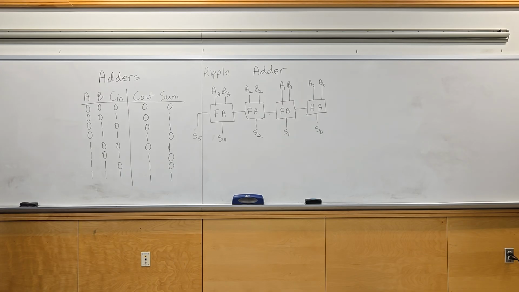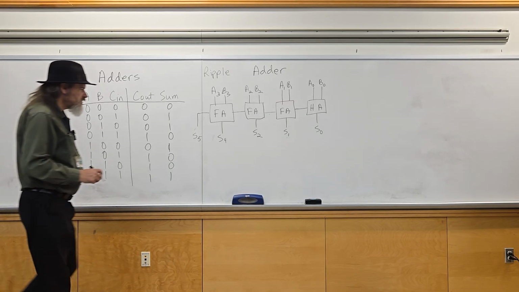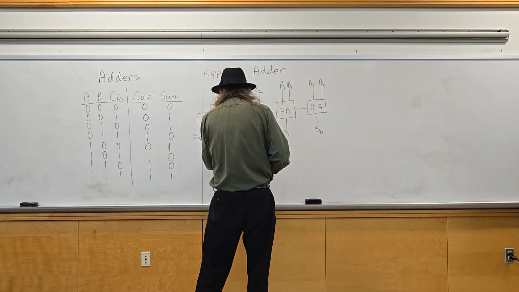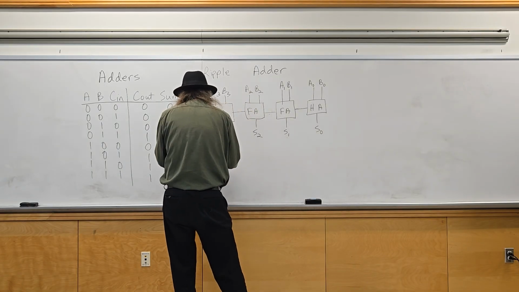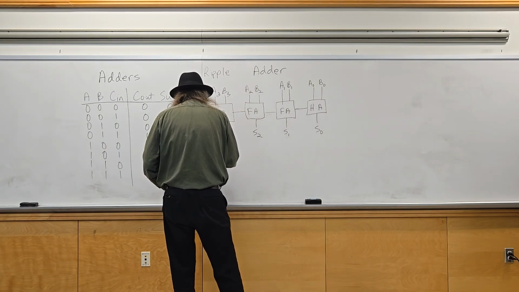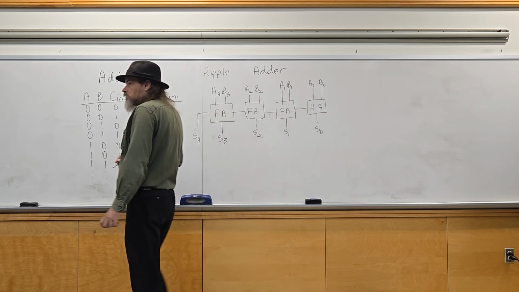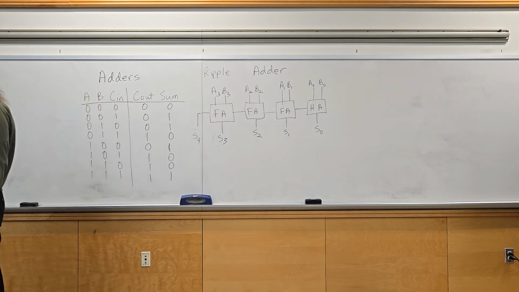I'm sorry? Oh, I'm sorry. You're right. I just, counting to 5 is challenging. No, for an adder, it does not need a CN. There's no bit coming into it.